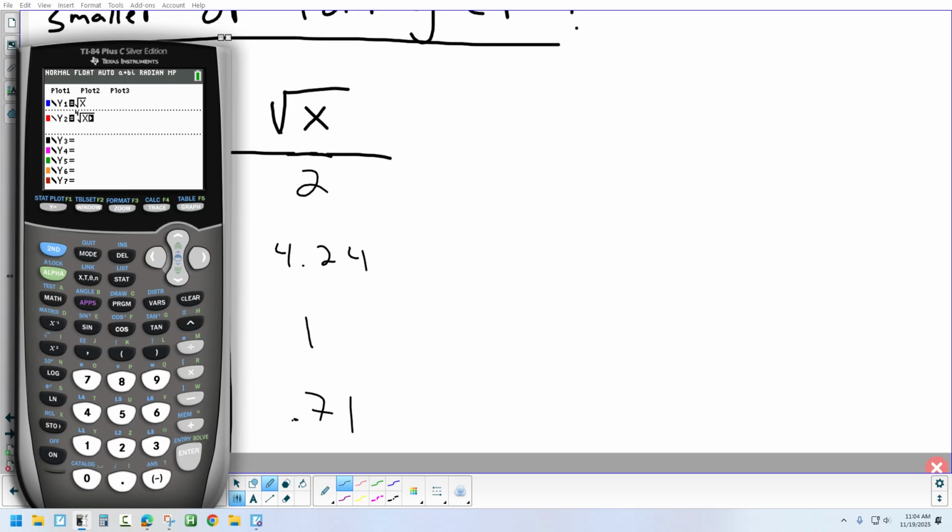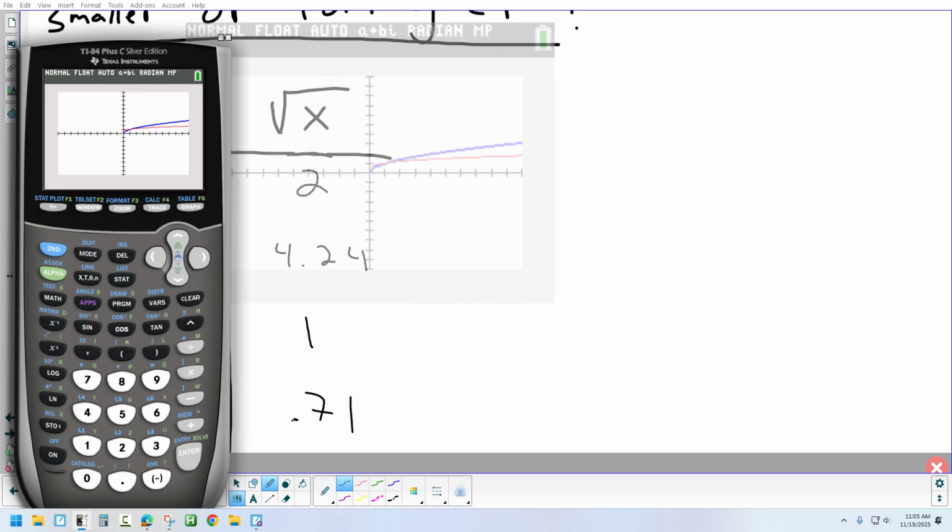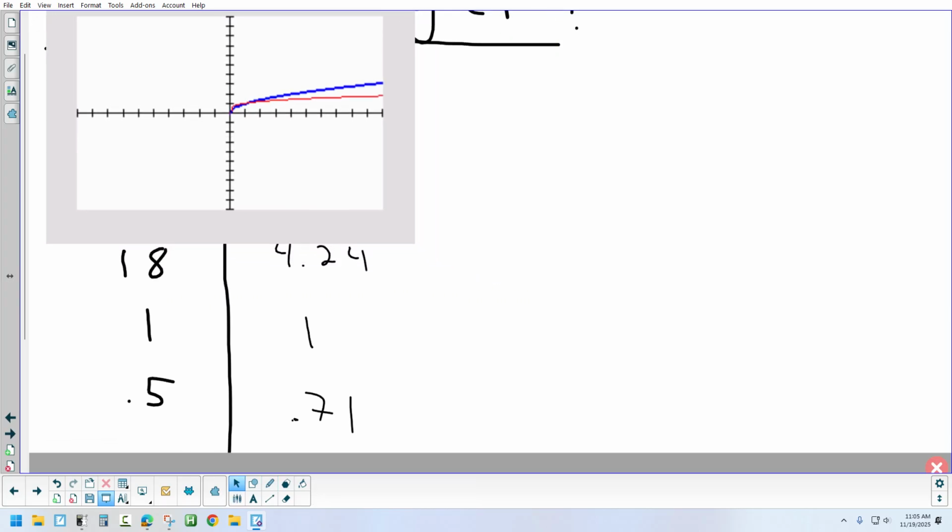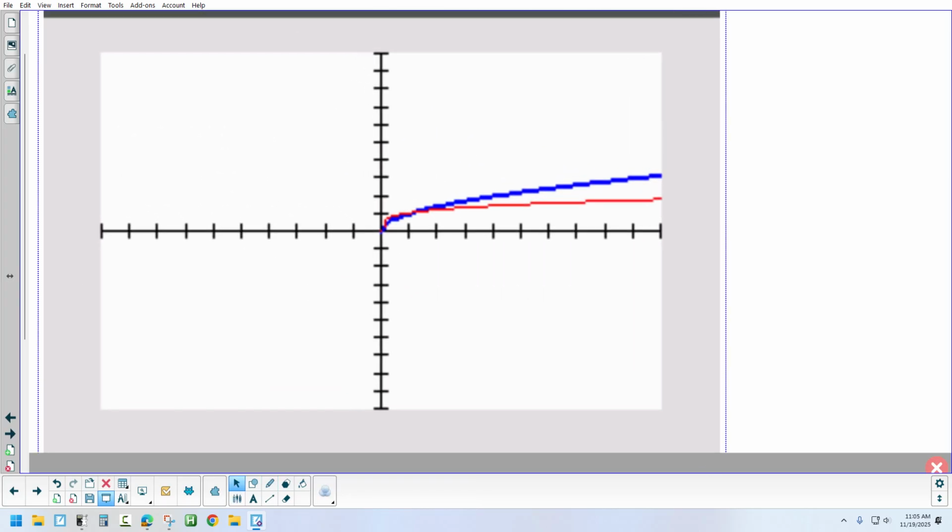That's how you do a fourth root. 4, math, and then option 5. Let's do zoom 6 and take a look at it. So there's your square root. And there's your fourth root. Let's make that bigger.